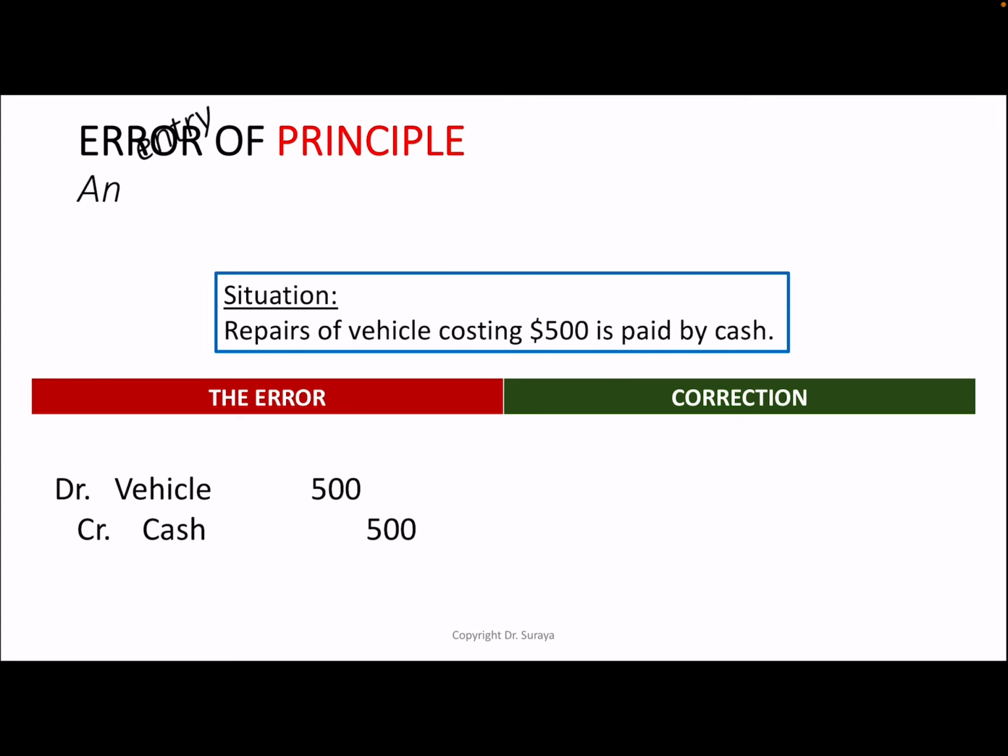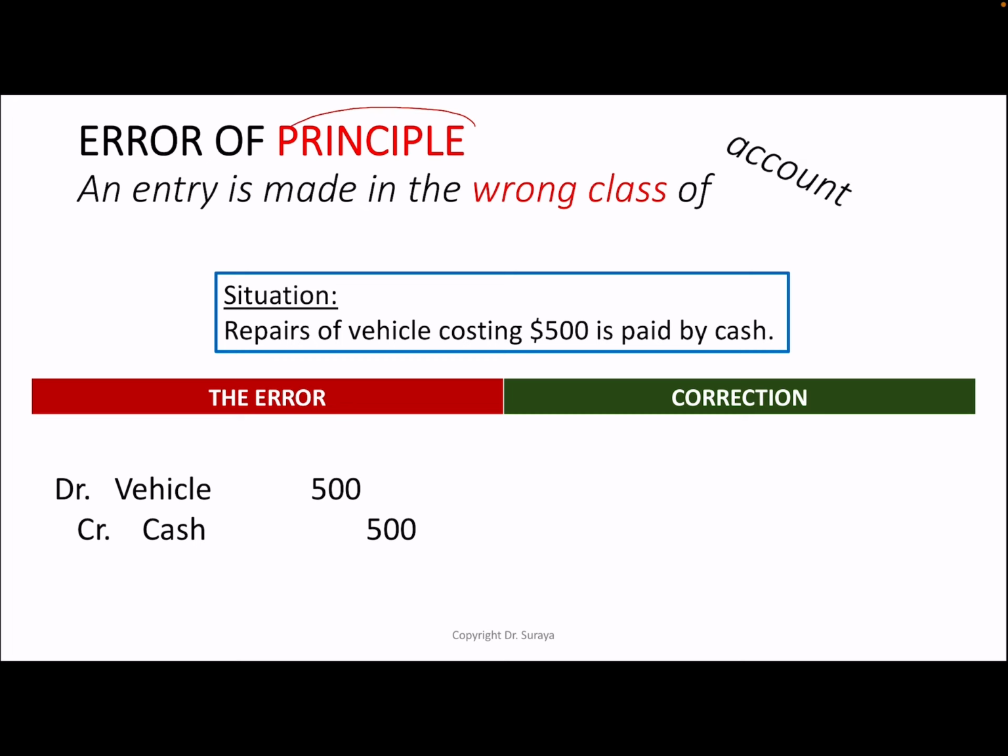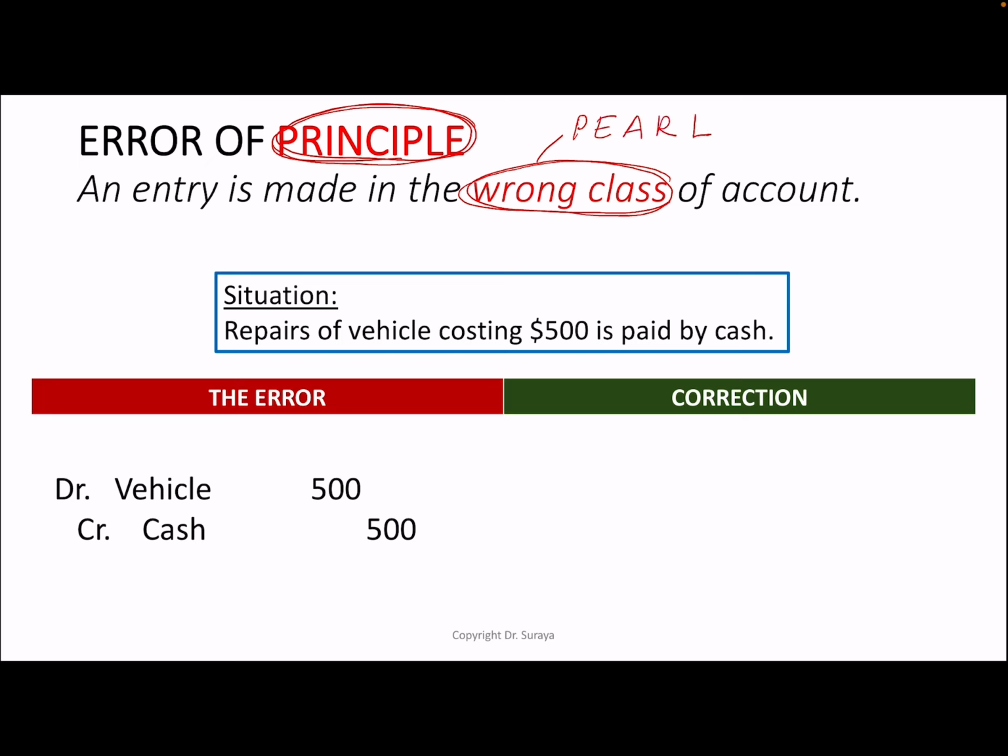It is called error of principle. Now, how is principle different from commission? Principle is when the entry was made in the wrong class of account. So we mentioned the wrong class of account just now, where we have purchases, expenses, assets, revenue, liabilities, and sales.